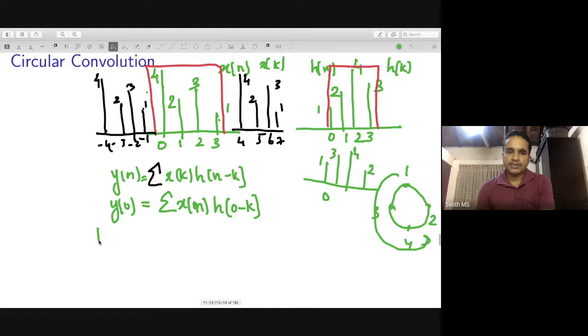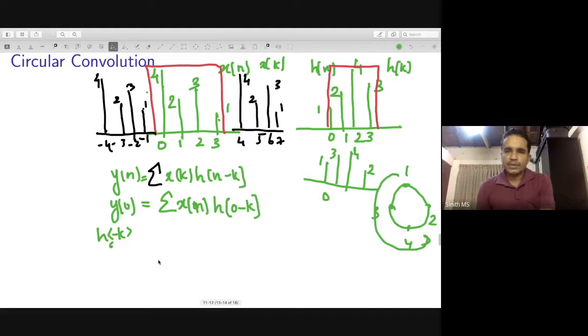So what will be h[minus k]? For circular time reversal, you can indicate with some notation whether it is circular time reversal or actual time reversal.